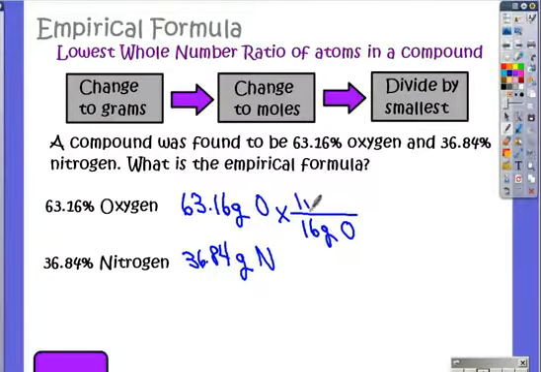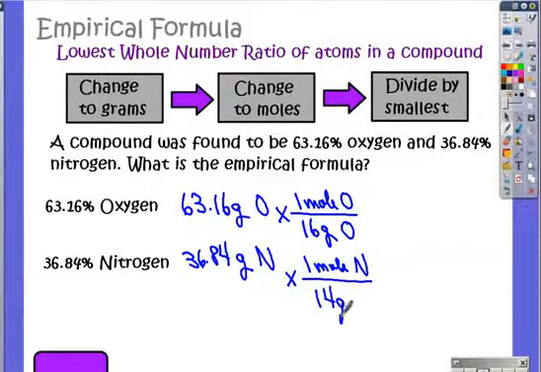And on the top, I'll make it 1 mole of oxygen. That's what I want to change it to. And it's always 1 mole, because 1 mole of oxygen weighs 16 grams. I'm going to do the same thing for nitrogen. I know that 1 mole of nitrogen weighs 14 grams.